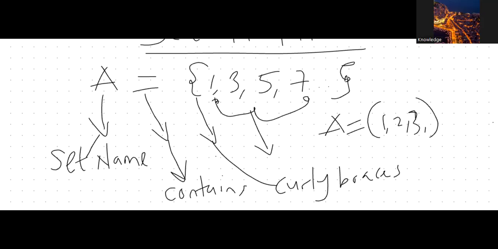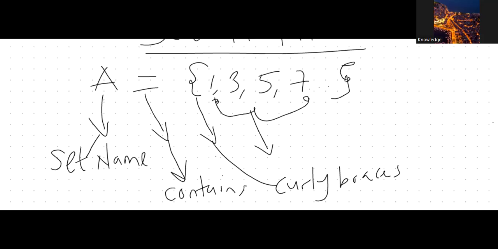So the first thing that shows me that this thing they're asking me is a set is that apart from the name of the set on this side and the equals to sign, the items, the elements of the set must be listed inside a curly bracket, not just any type of bracket. So if it's not a curly bracket, then it is not a set. So please bear that in mind. It has to be a curly bracket before it will be a set. So let me clean that one because that is not a set.